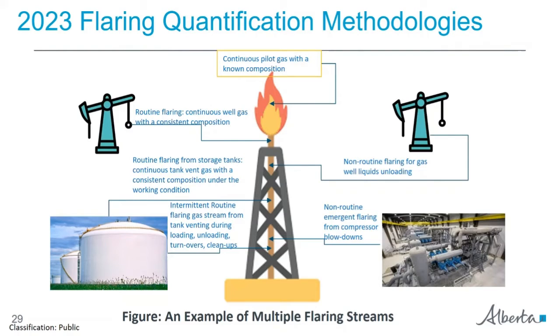For all different flaring technologies, the technologies will impact the flaring efficiency. We used this for the emission factor development, and for method 15-12, all the definitions should refer to AER Directive 16. Next slide, please.